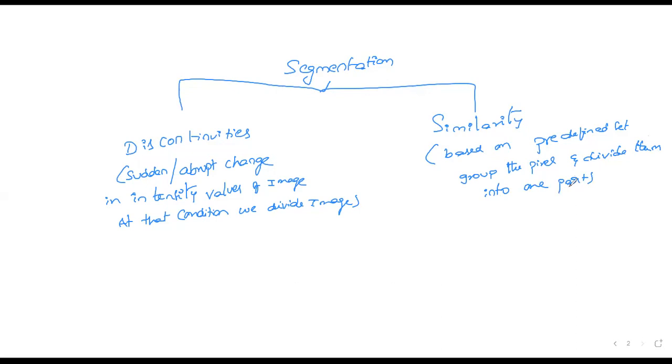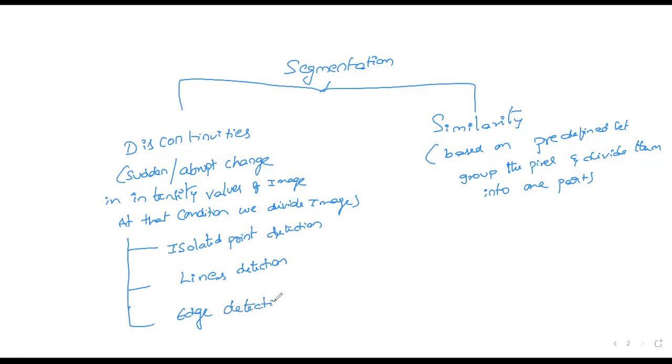Discontinuity is again classified into three types: detecting isolated points, detecting lines, meaning line detection, and the third one is edge detection.